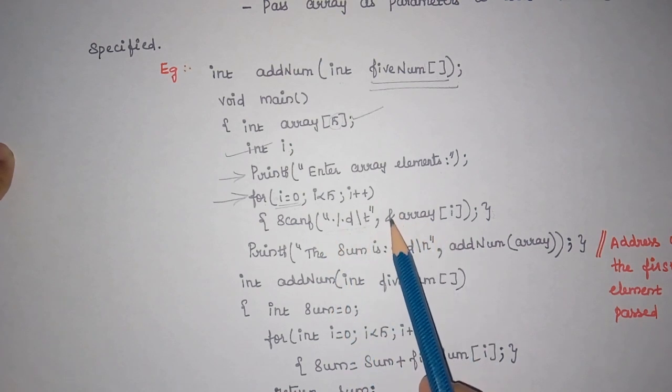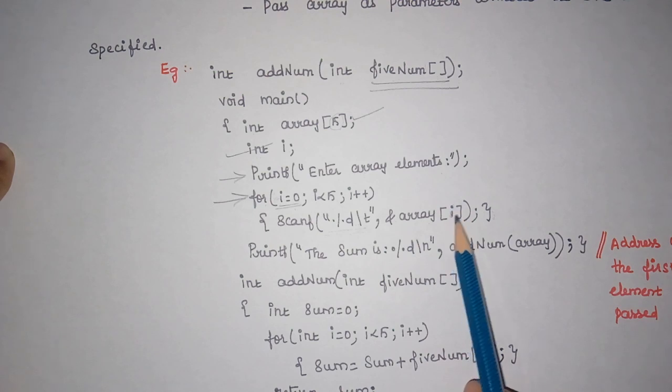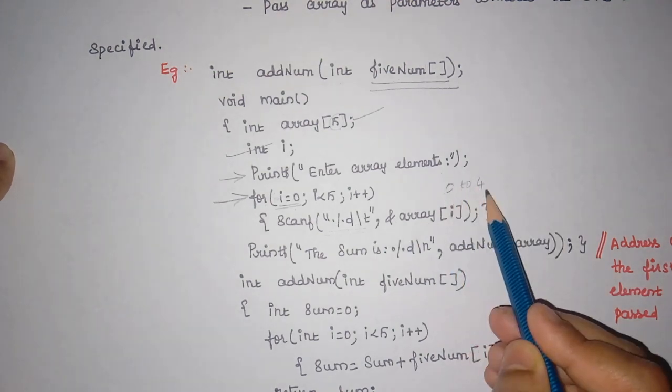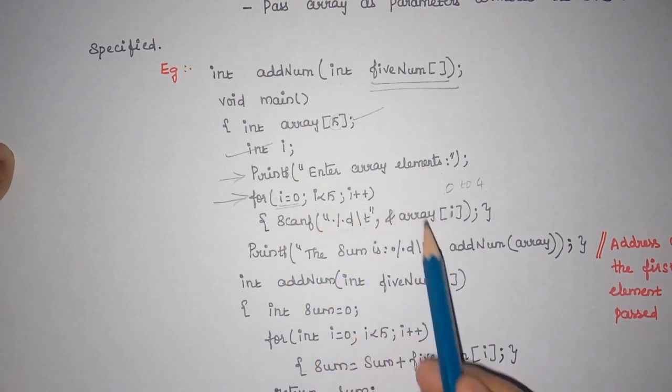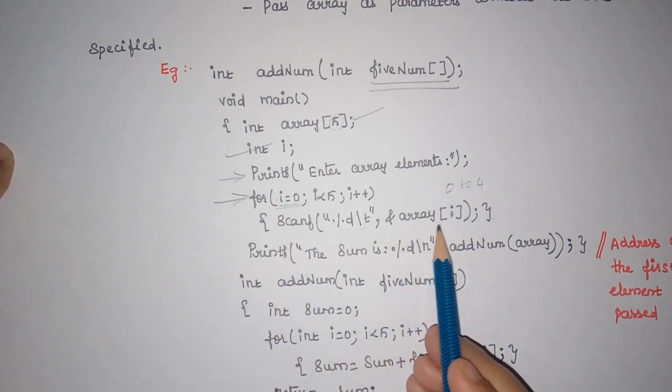As we are going to get the value for the array, I am specifying ampersand array, and for the index value I am taking I, because we have to get index values 0 to 4. This will take the value from the for loop, right? So the loop will get executed and all the 5 elements are entered as input to this array.